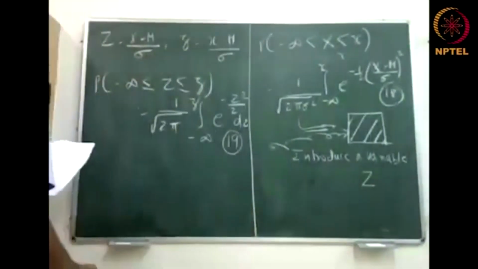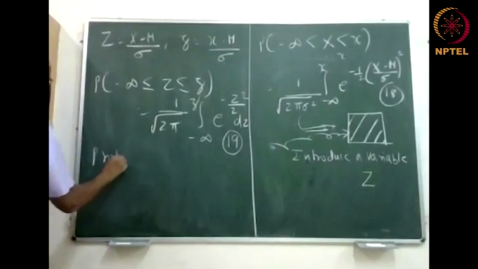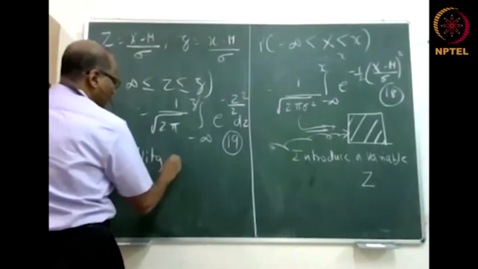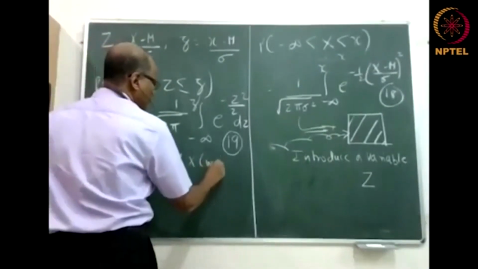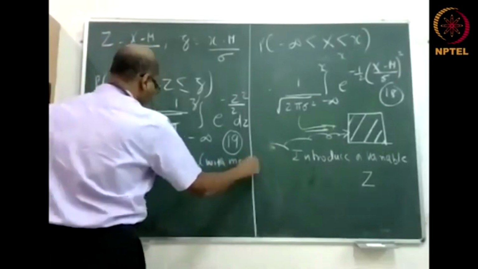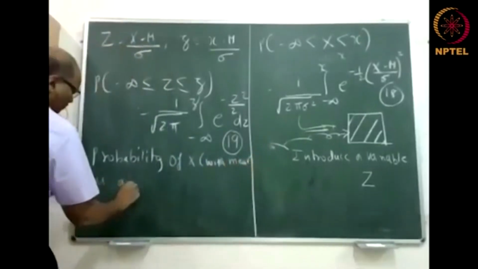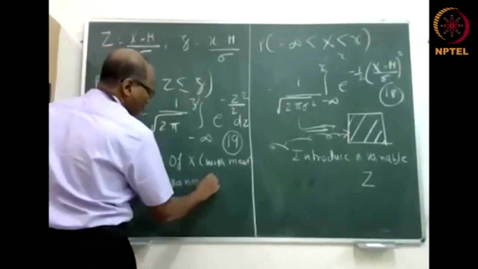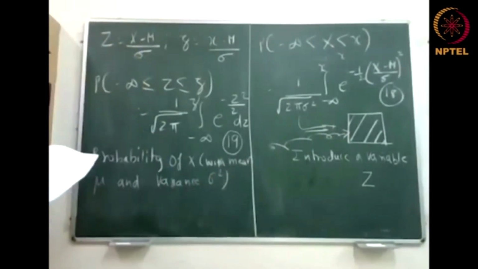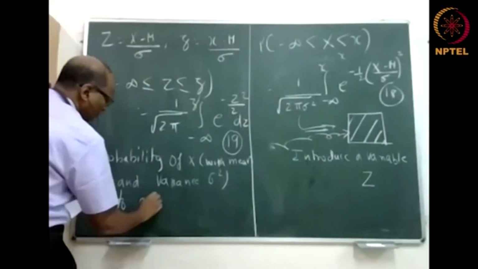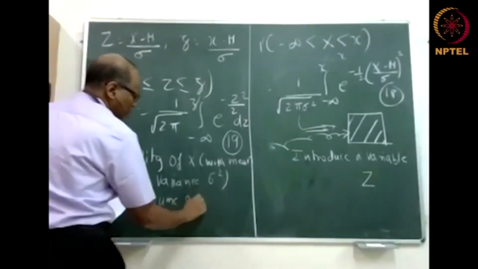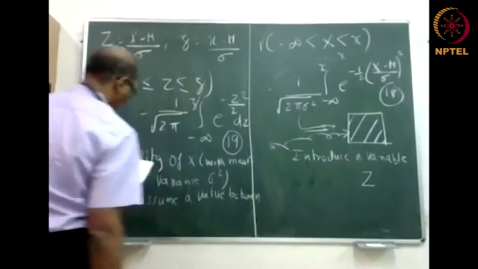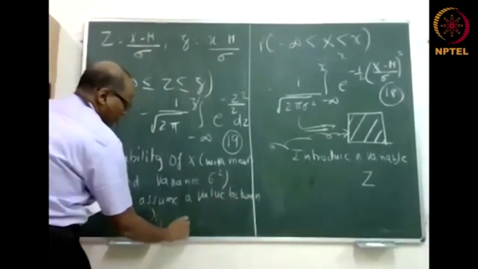Now, the key probability to be calculated is the probability of x, always you should say with mean mu and variance sigma square, to assume a value between x1 and x2.